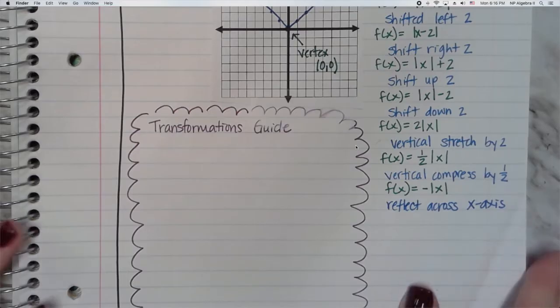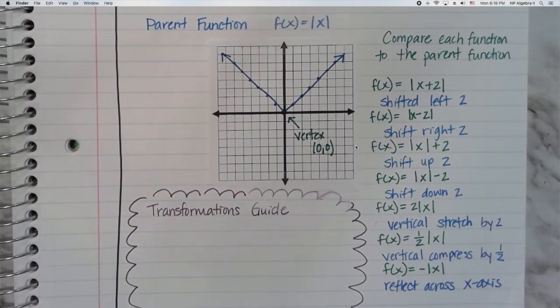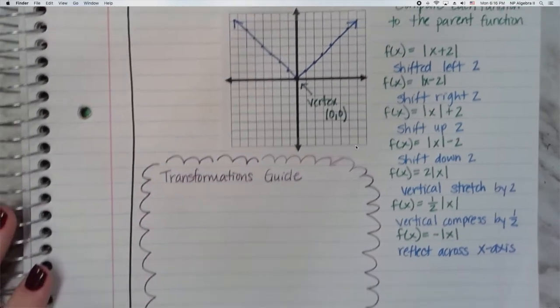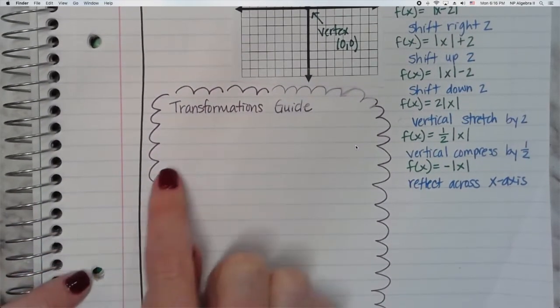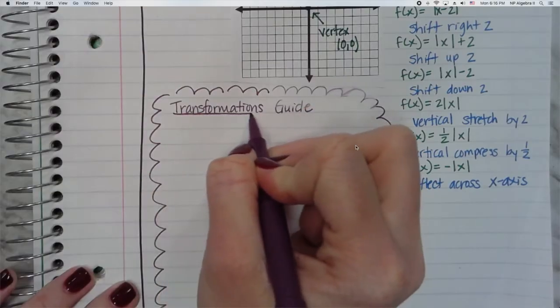All right, so what we did here is we just discovered some transformations that we can apply not only to the absolute value function, but we can actually apply this to all parent functions and transformations. So over here, I would like you to write a little transformations guide, and we're going to write down some formulas. So transformations guide.